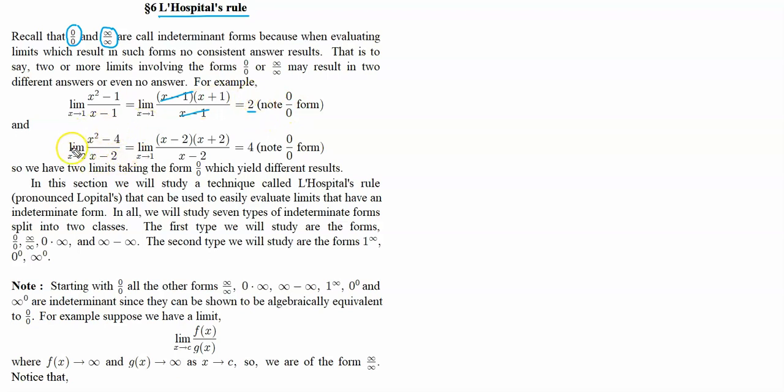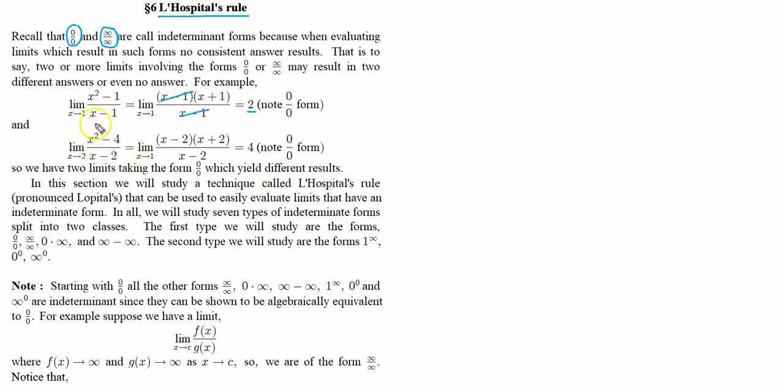Now if we evaluate this limit down here, we just changed it a little bit, so we now have the limit as x approaches 2 of x squared minus 4 over x minus 2. Notice this is also of the form 0 over 0, because if we put 2 in for x, we get 0 in the numerator and 0 in the denominator.